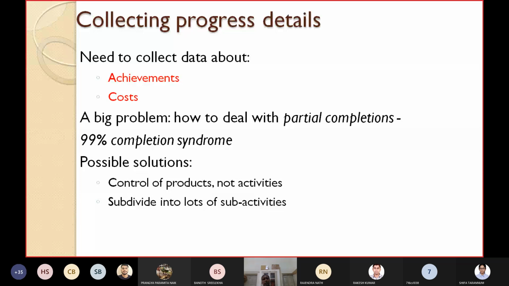The whole project can be divided into some activities, the activities can be divided into some sub-activities, and each sub-activity can be divided into further sub-activities. If you do this, then since the size of the work to be done is now small, perhaps this 99% completion syndrome will not come. You assign the required project persons, the required staff members, and they can complete it as quickly as possible.